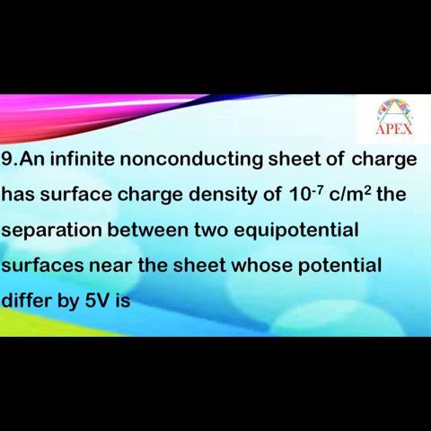One non-conducting sheet of charge is taken whose surface charge density sigma is equal to 10 power minus 7 coulomb per meter square, and the potential difference V is given as 5 volt.